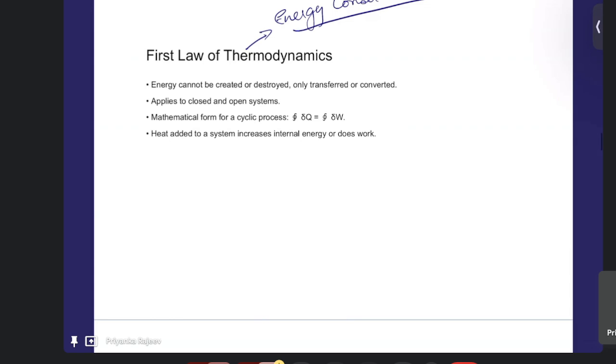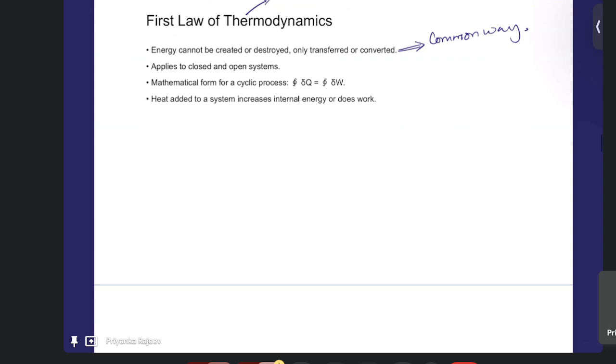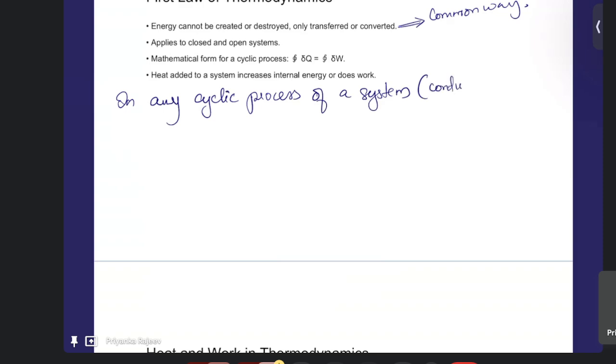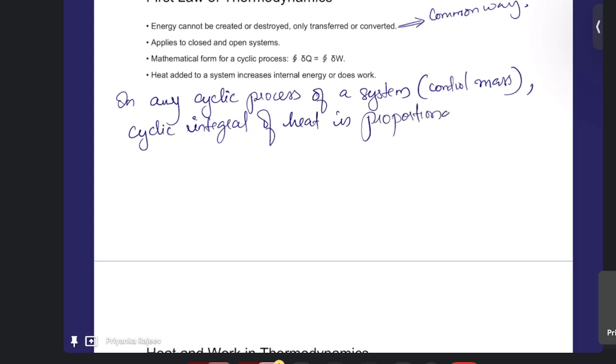A very common way of stating it is that in any cyclic process of a system, we are referring here to a control mass system or a closed system, the cyclic integral of heat is proportional to the cyclic integral of work.